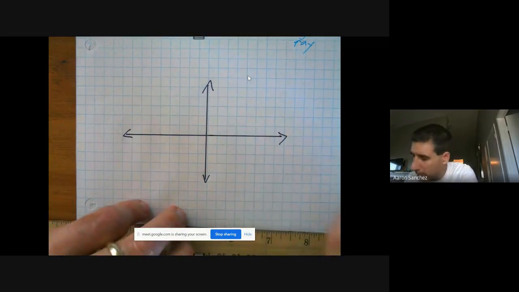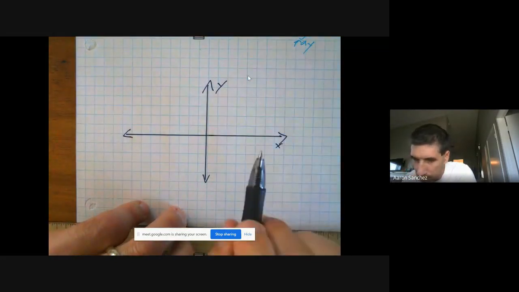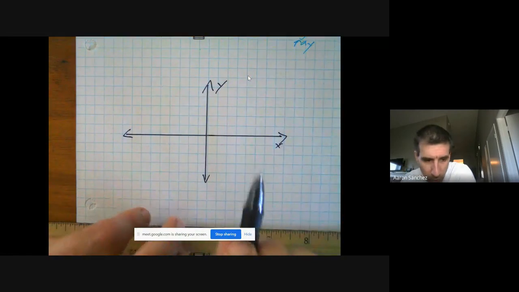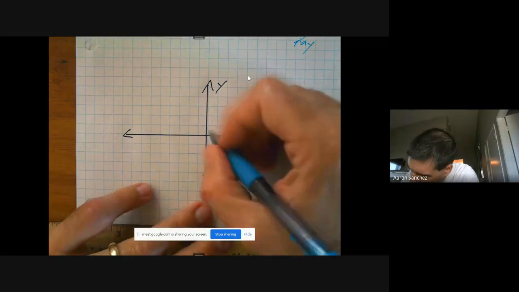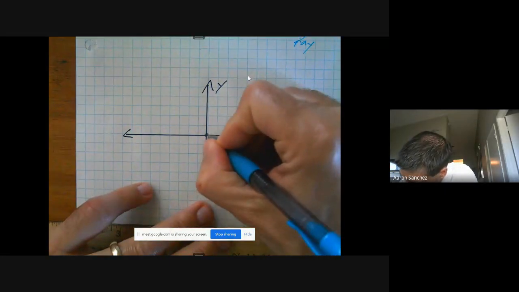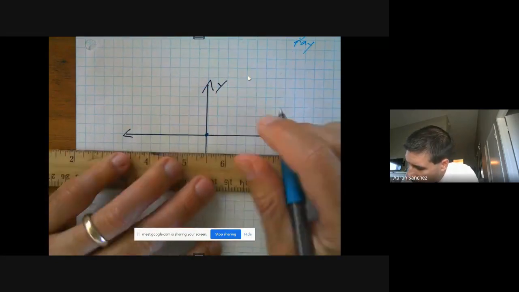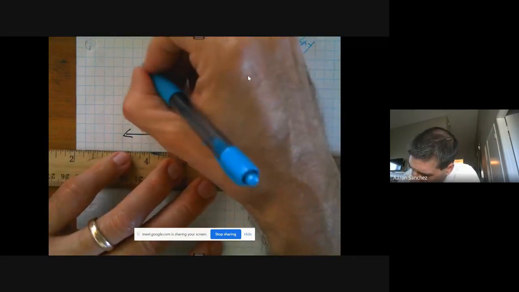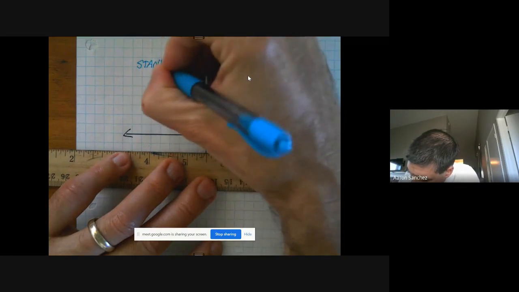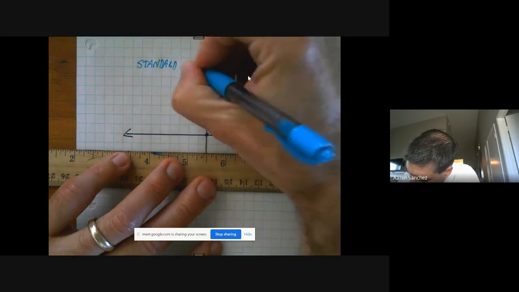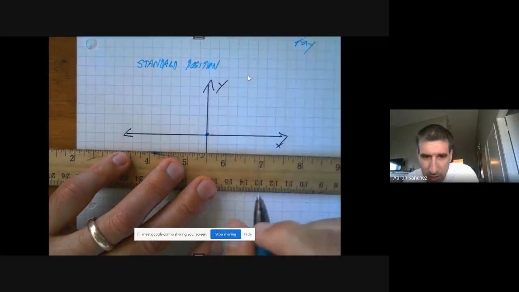Of course, we have the x-axis and the y-axis. The angles we're going to work with are going to be where the vertex is on the origin. When the vertex is on the origin, we call that the standard position.